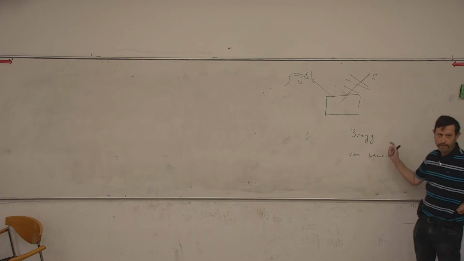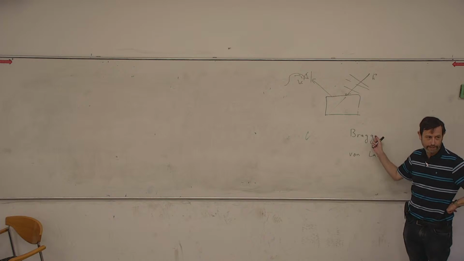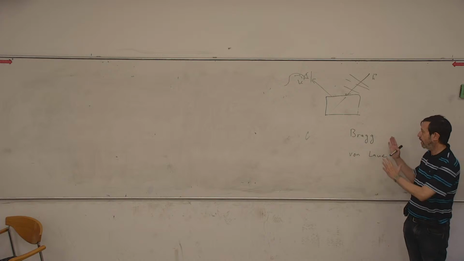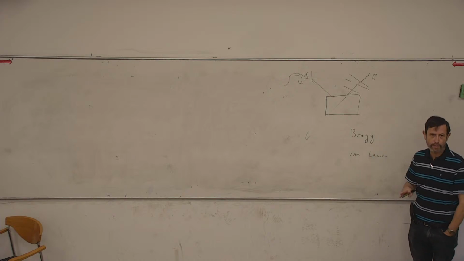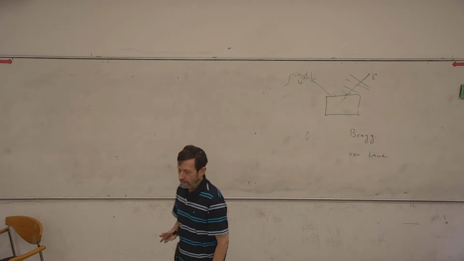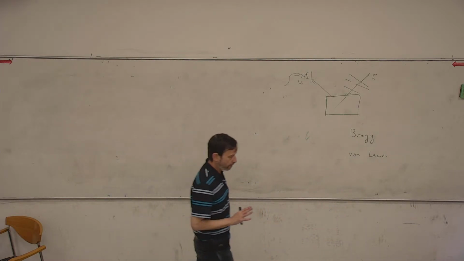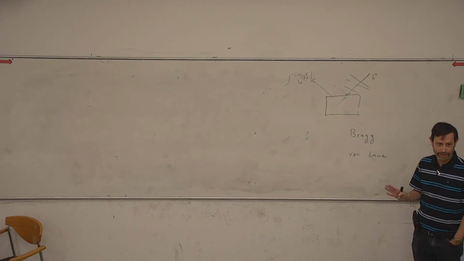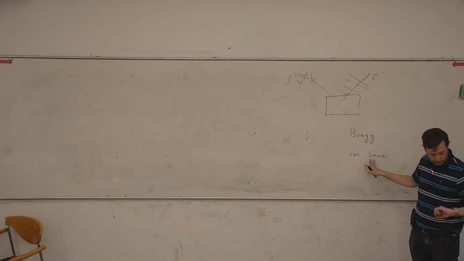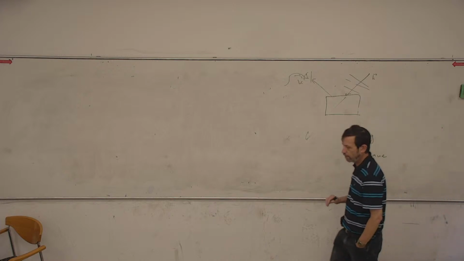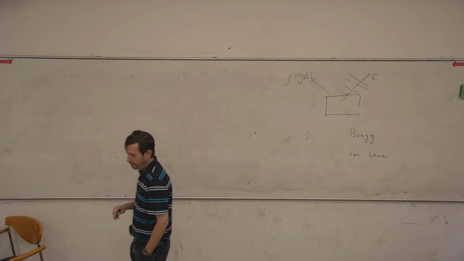Both of them ended up with Nobel Prizes on it. Bragg was the first to perform it, but his mathematical description is less convenient, less general, but I'll give it for historical reasons. And I'm mentioning von Laue here first of all because we'll use his formulation, it's more convenient.